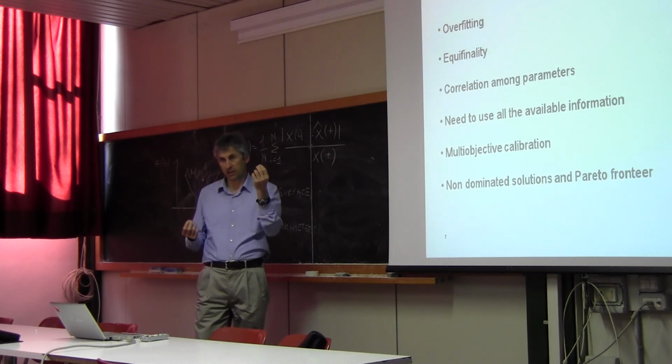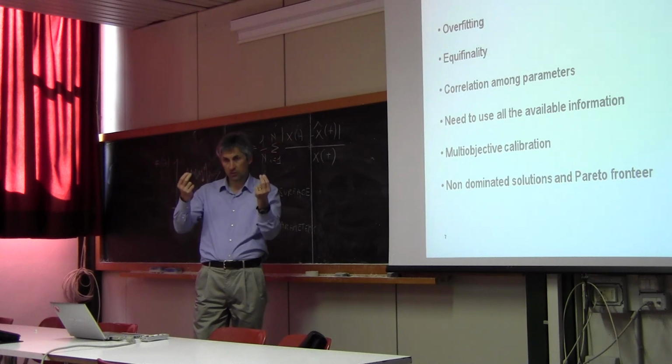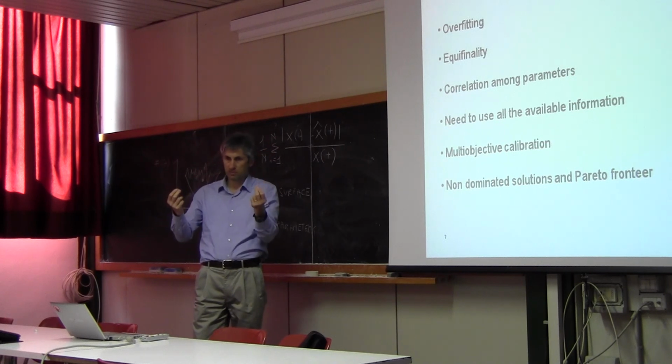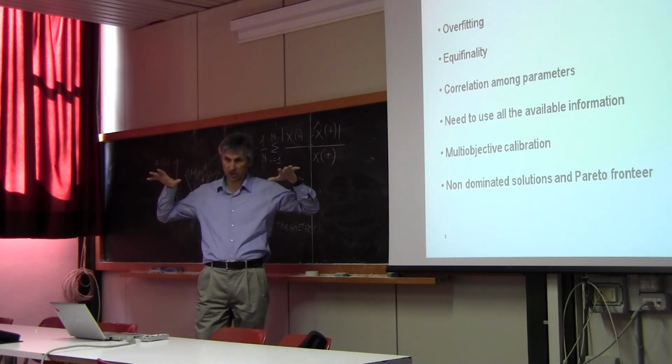It means that the hydrograph doesn't change much if you take two parameter values, increase one and lower the other, or increase both. It doesn't matter. Meaning that you change two parameters and the hydrograph doesn't change much.